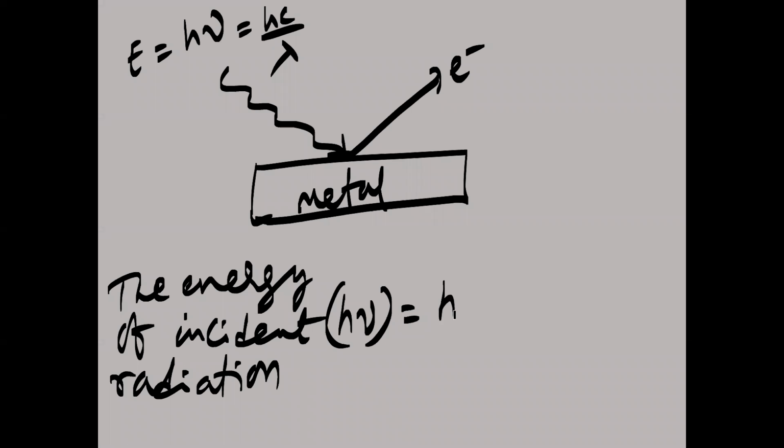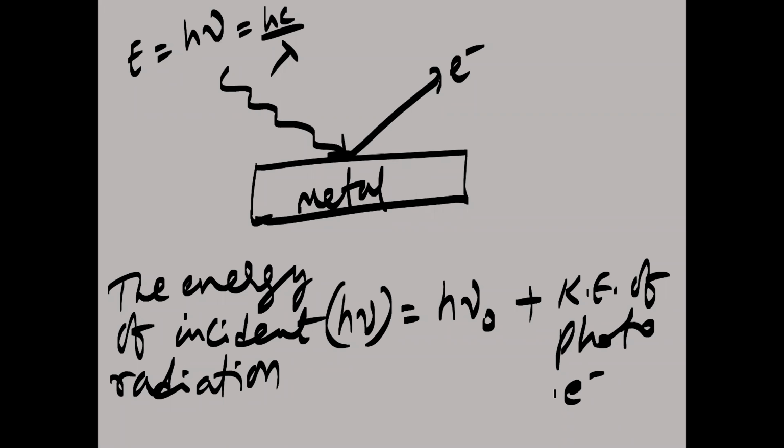Threshold energy. Some amount of energy is utilized to overcome the threshold energy of the metal, and some amount is converted into kinetic energy of the photoelectrons.